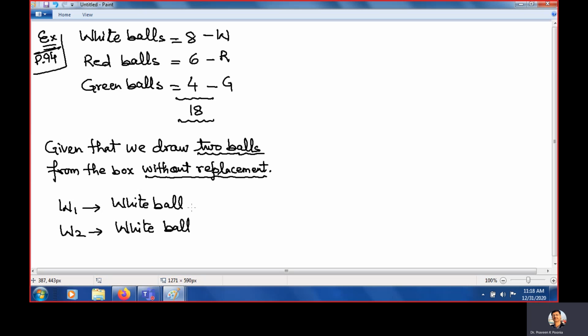Understand? Now we are going to find some probability. Please listen to the question because it is a conditional probability question. What is the probability of P(W1), the probability of the first white ball? Clear?